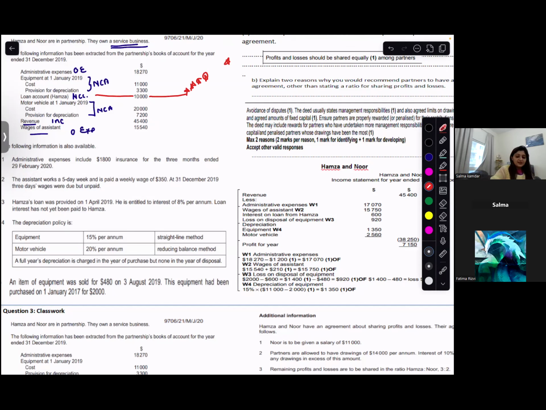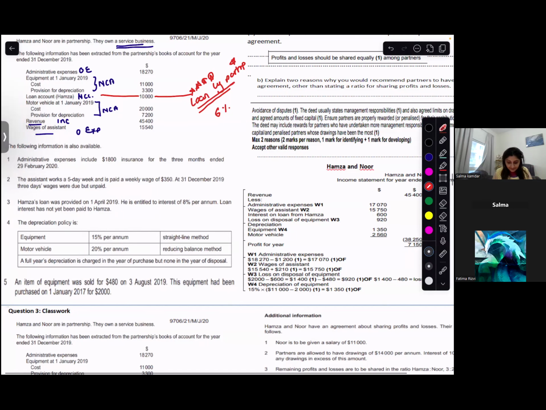It is the loan by the partner. Whenever there is a loan by the partner, the thing that should strike you is whether given or not, interest on loan has to be provided. If no information is given, interest on loan should be at 6%. This should always be the shining point. Loan by partner is the riskiest item in partnership.